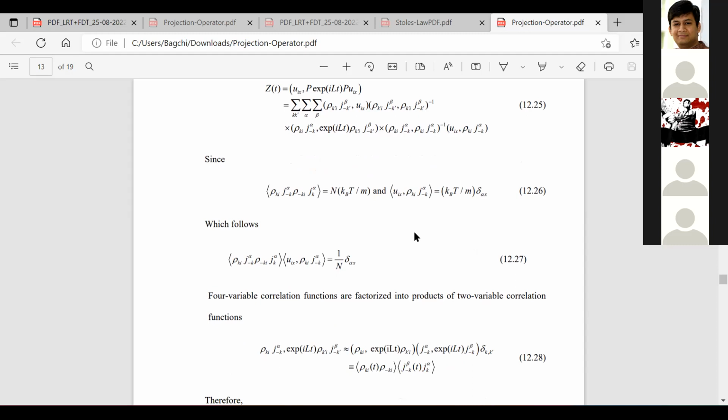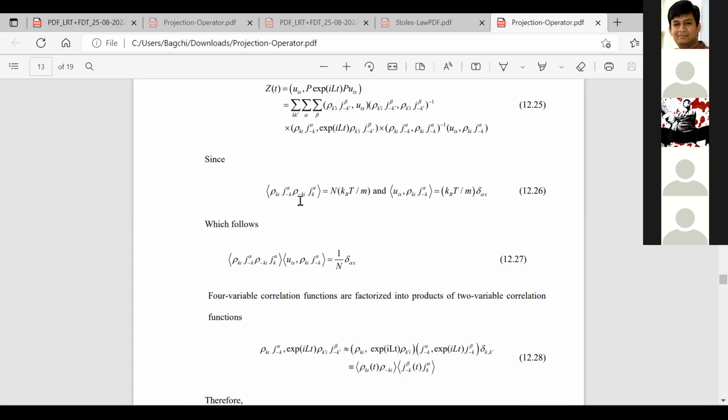Two different particles' velocities are not correlated. So it becomes v_i squared. Equation 12.27 has been done. That rho_k j_k, if you evaluate that now, the way I am writing j_k, you will find that one of them is 1 over N, and there is delta alpha xx. So this fairly formidable thing is very simple.